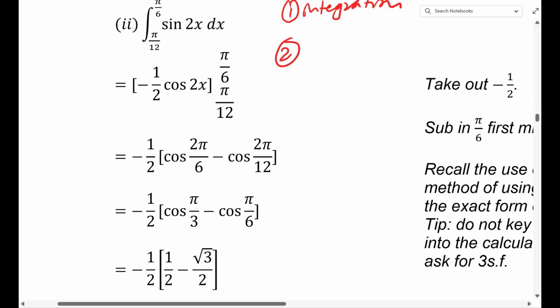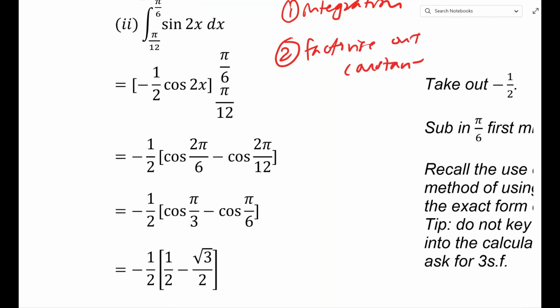Then you will factorize out your constant. If you notice, we now have a constant of negative half. So to simplify what we have within the square bracket, we can factorize it outside of the square bracket.